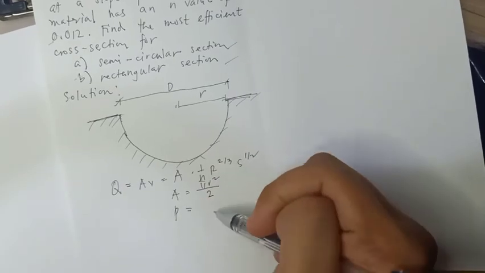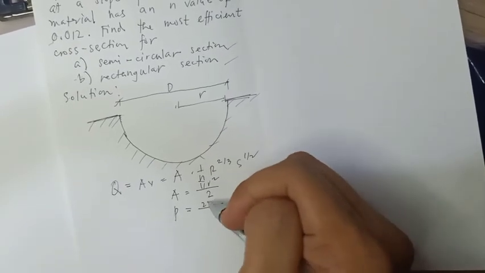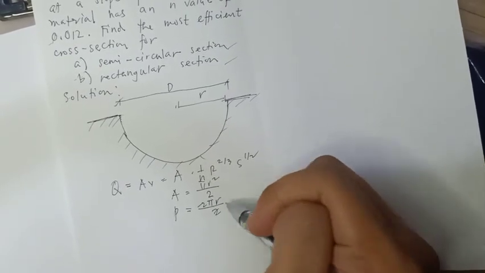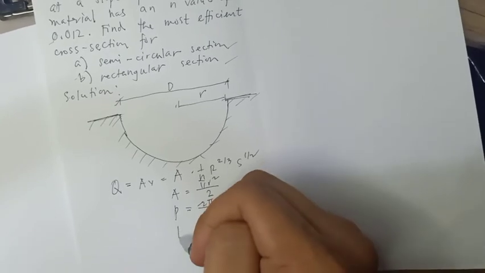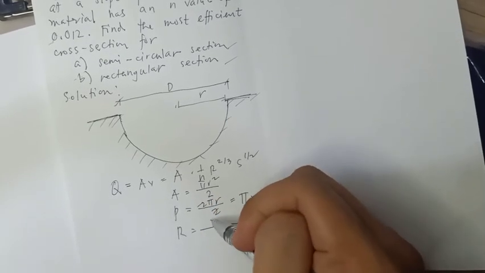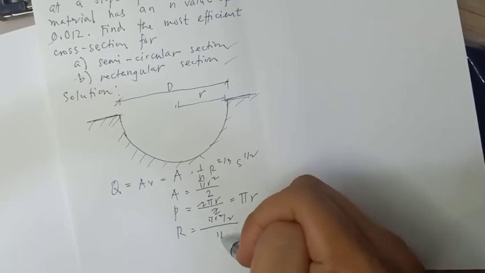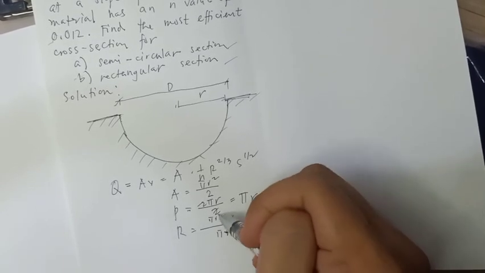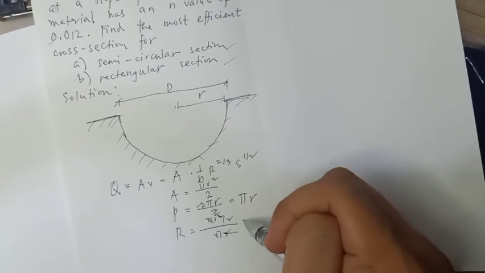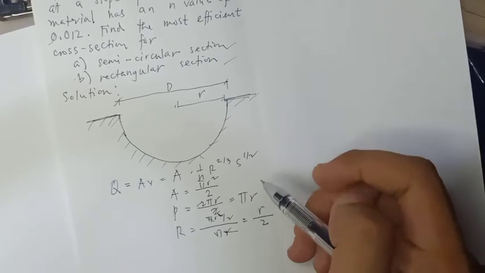Our perimeter is the circumference divided by 2, so pi r. And our R is pi r squared over 2 over pi r. Cancel r, cancel pi. Therefore, R is r over 2.